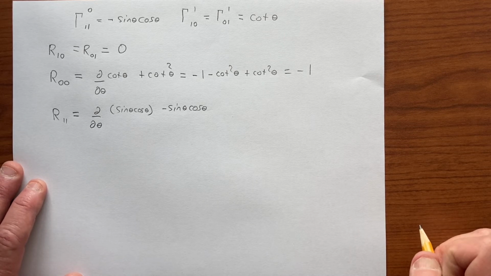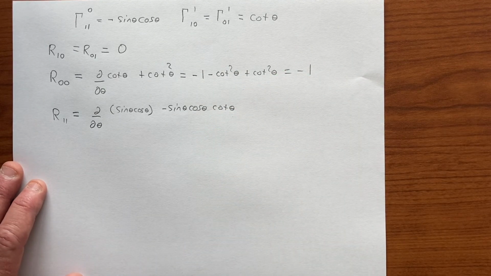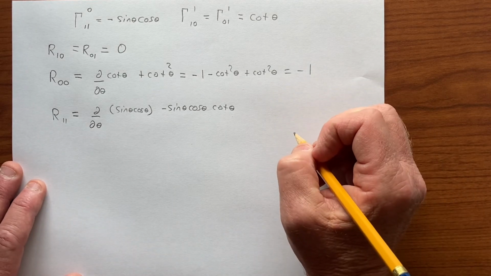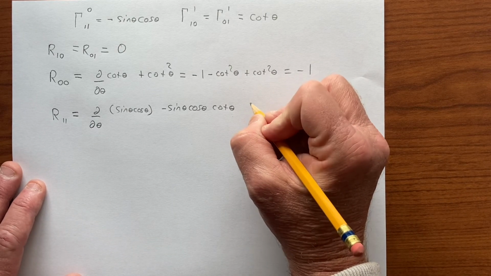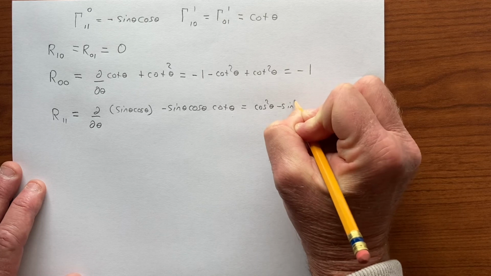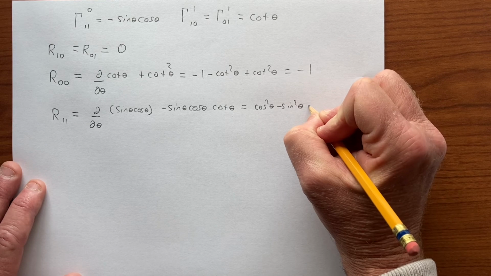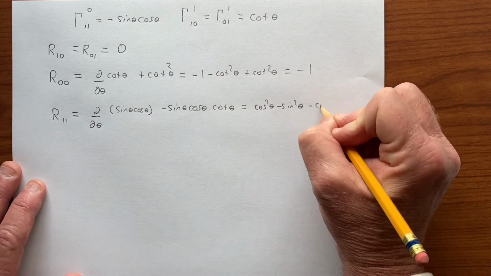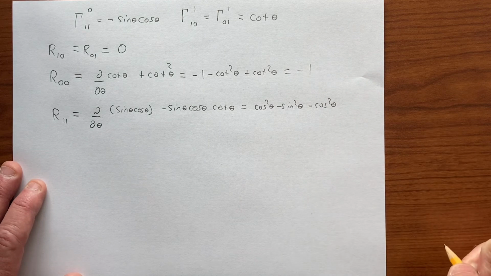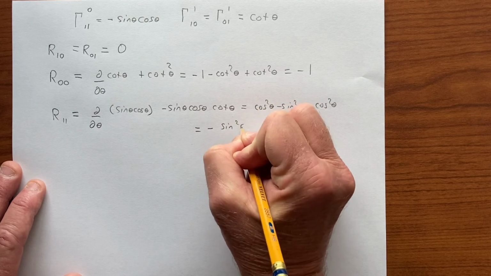So that's Γ^0_11 times Γ^1_10. So we have cotangent of theta there. Right. So this gives us a cosine squared theta minus sine squared theta. And then we have minus cosine squared theta, and that's equal to minus sine squared theta.